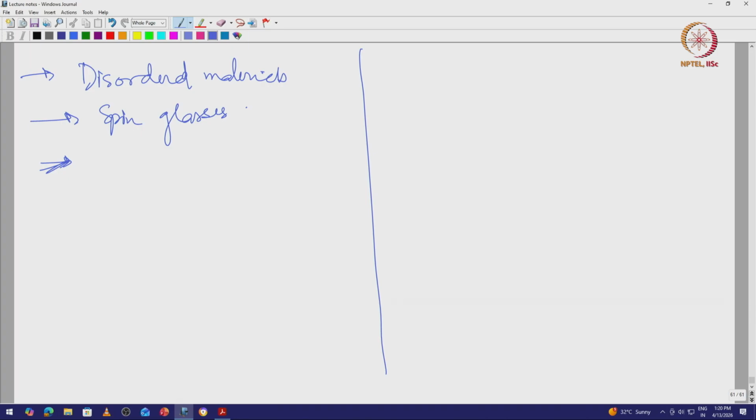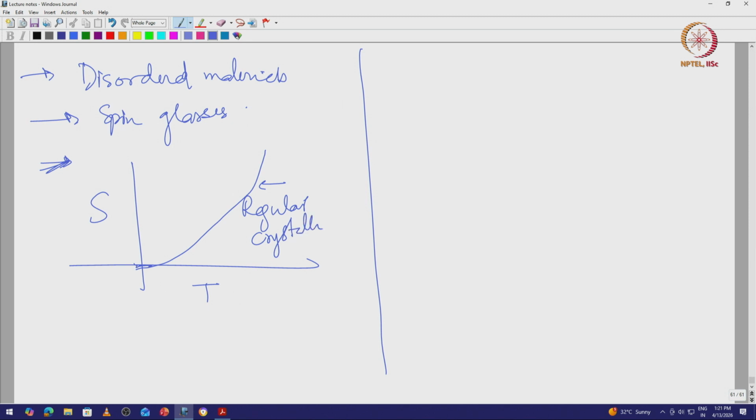I can measure the entropy as a function of temperature for all these materials. Typically, the entropy you expect to go to 0. So this is for regular crystalline materials.